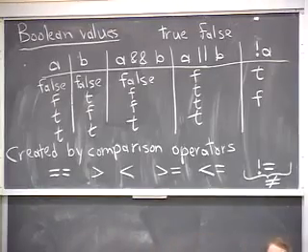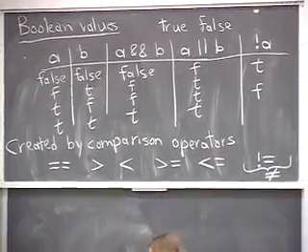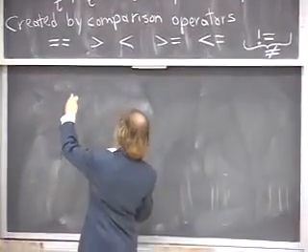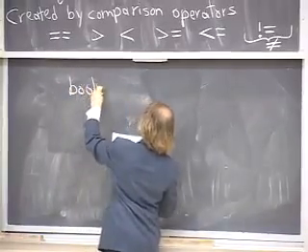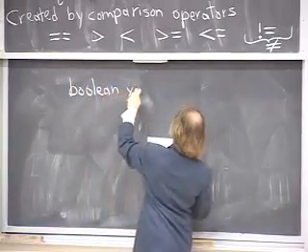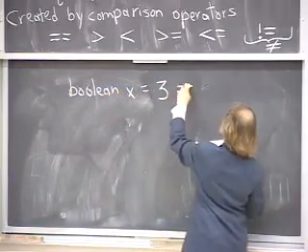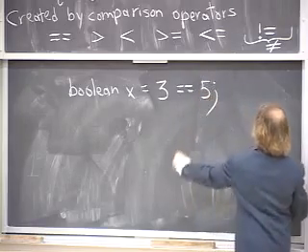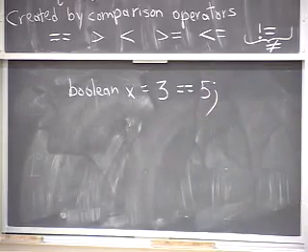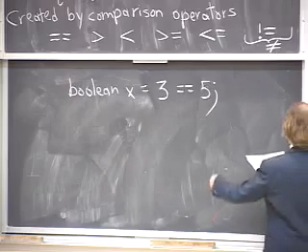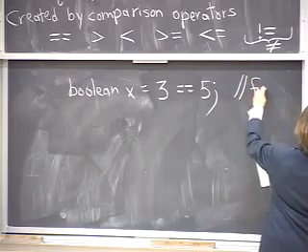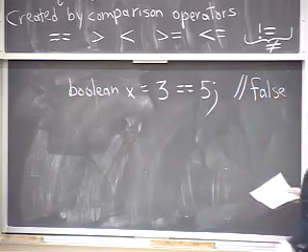And of course, to understand these, it's best to see some examples. So, suppose I test whether 3 is equal to 5 and assign the result to x, then x now has a value of false.